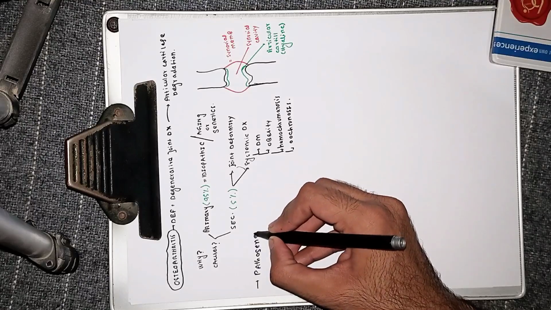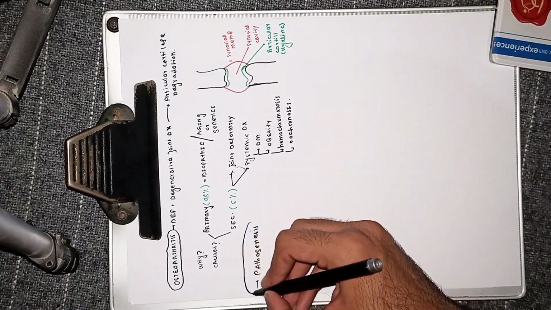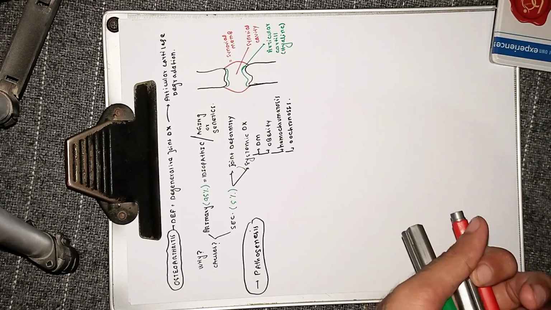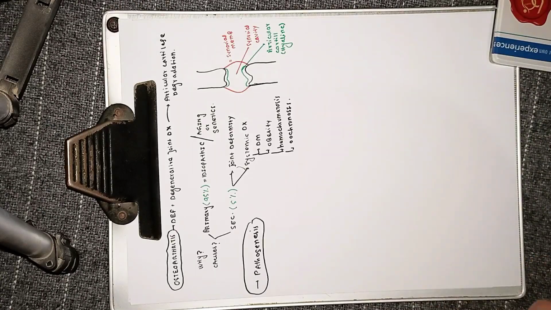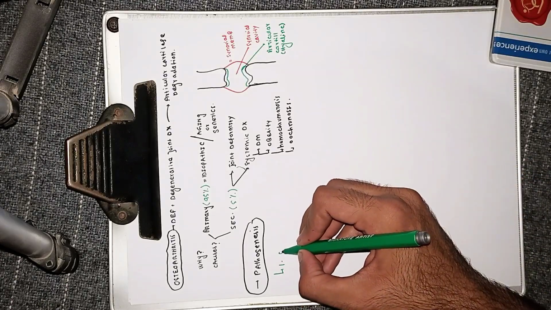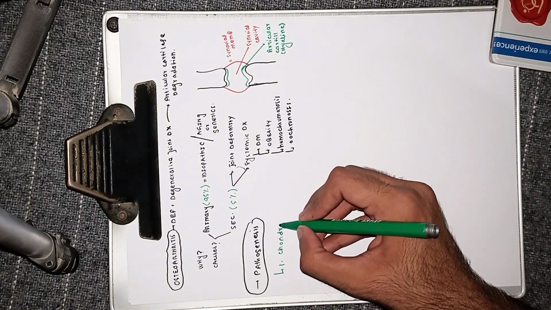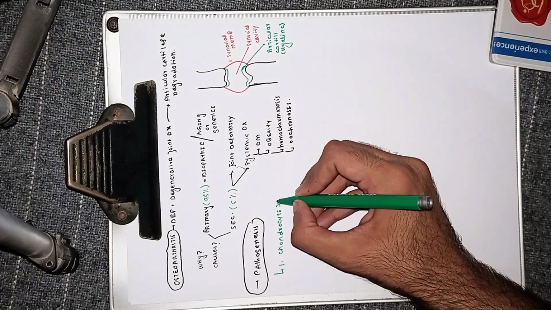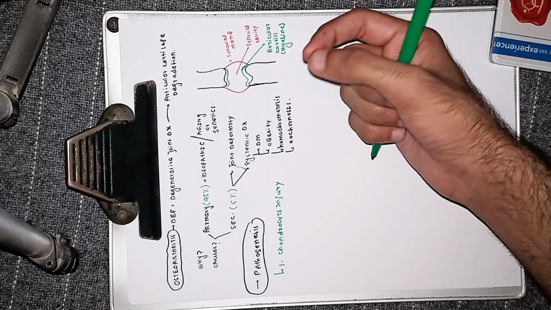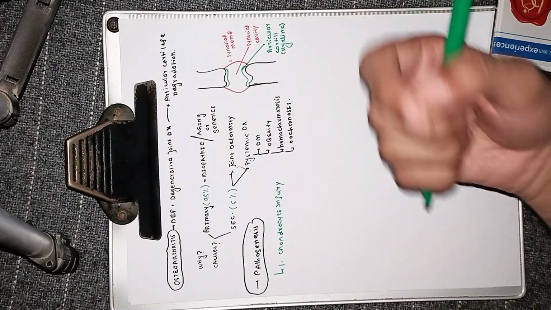Let's see the pathogenesis of osteoarthritis. Okay, so beta, in pathogenesis the very first thing is chondrocyte injury, that is, injury to the cells of this articular cartilage, the chondrocytes.